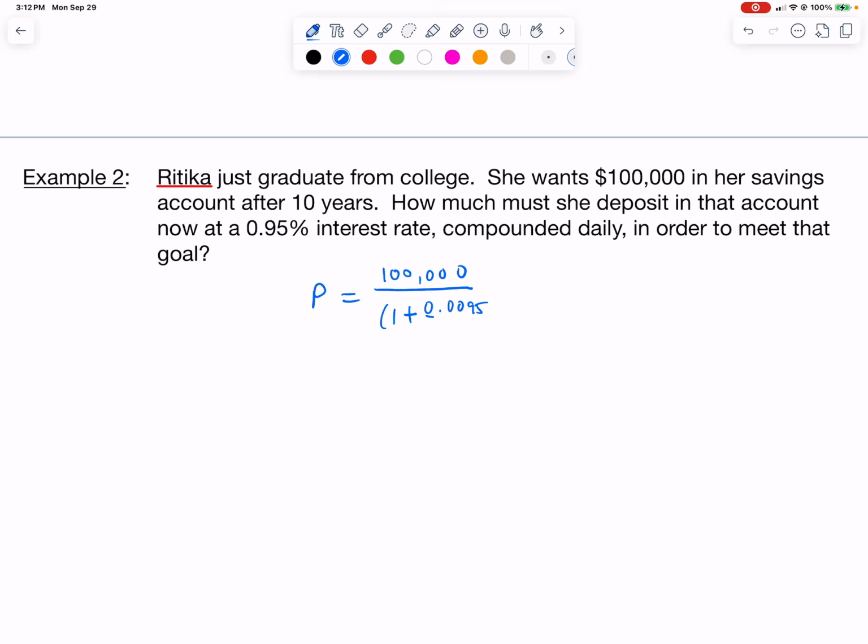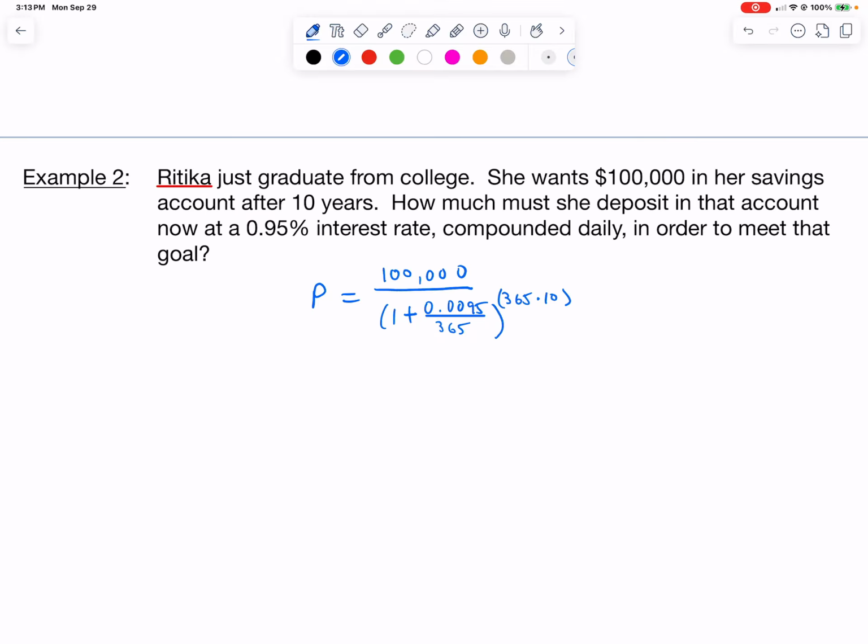0.0095, okay, divided by the compounding rate, or the compounding frequency. This is telling us it's compounded daily, so there are 365 days in a year, so the compounding frequency is going to be 365. And that's going to be raised to the NT power, which is 365 times 10 years.